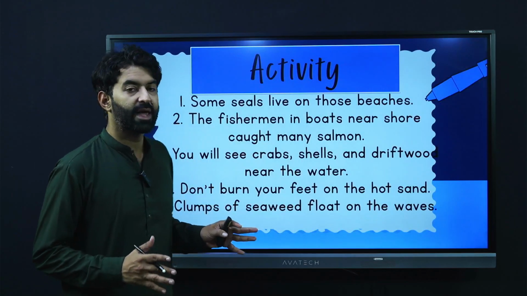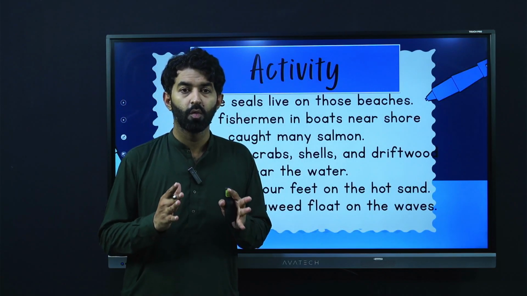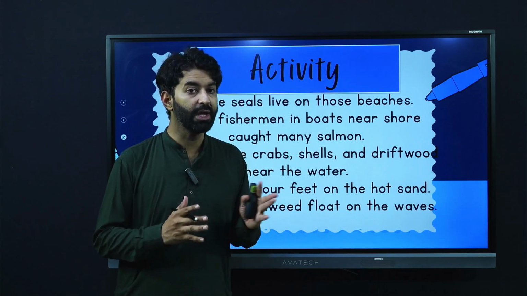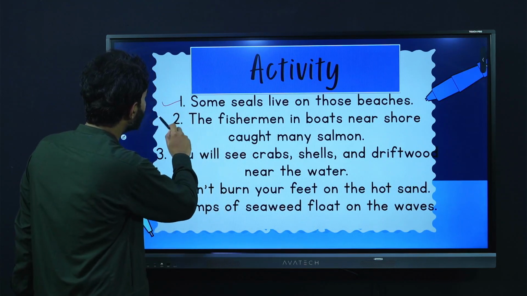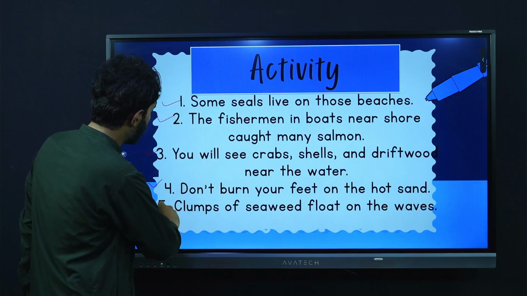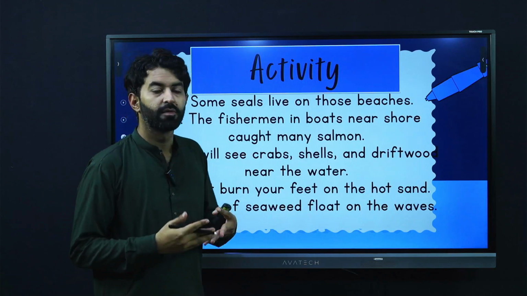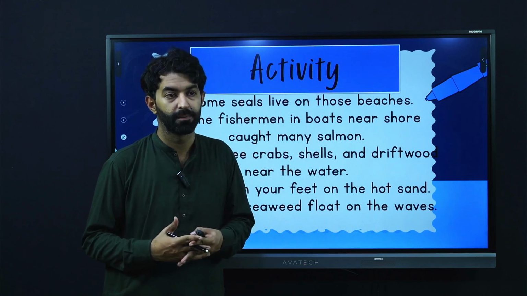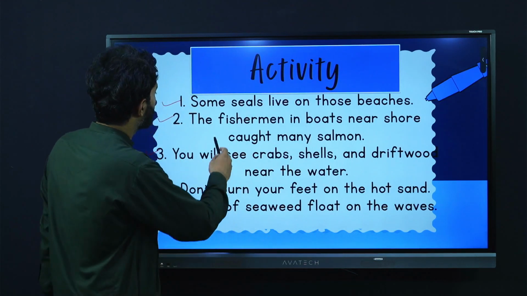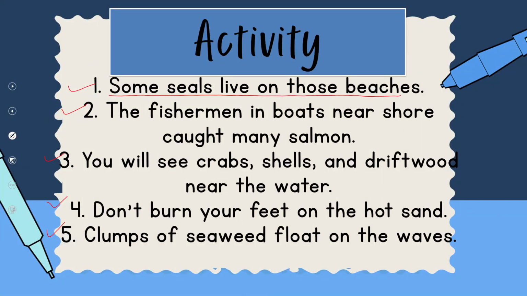Now, here is an activity. What we are going to do is read this text and all these different sentences and point out the kind of noun, whether it's singular or plural. For example, some seals live on those beaches.